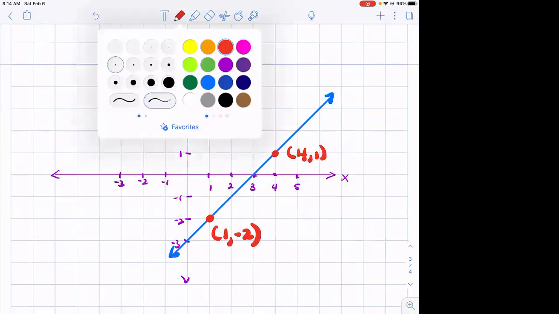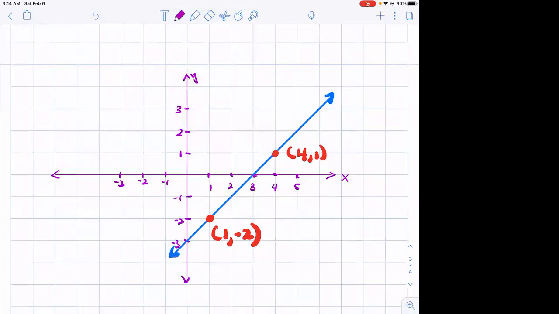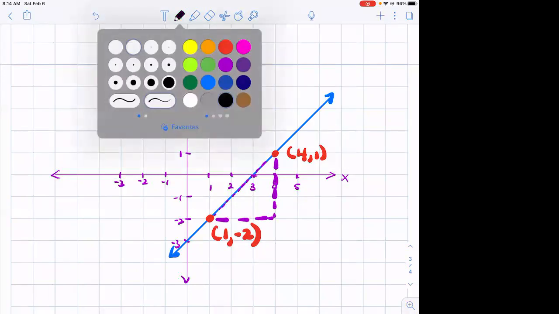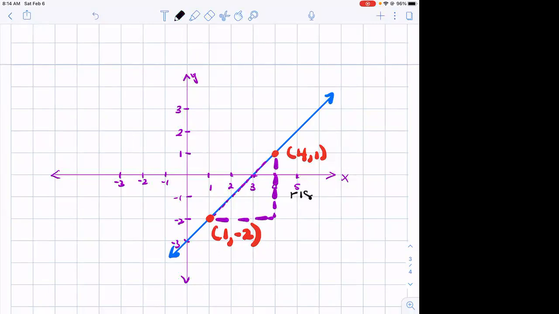Now, if I create a triangle, a right angle triangle, okay, so here's my triangle. This is the rise, okay. This is my rise, and this here is my run. Now the rise is the distance here.